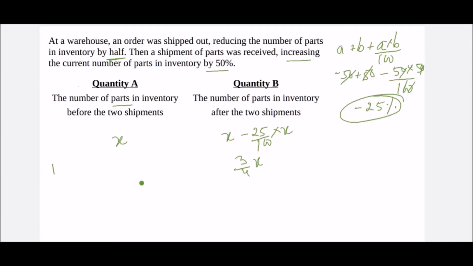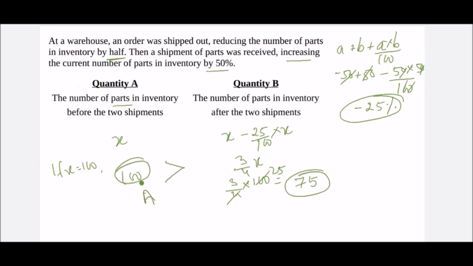So if X is 100, then quantity A will be 100 and quantity B will be 3 by 4th of 100, which is 75. Quantity A is greater and the answer will be A.